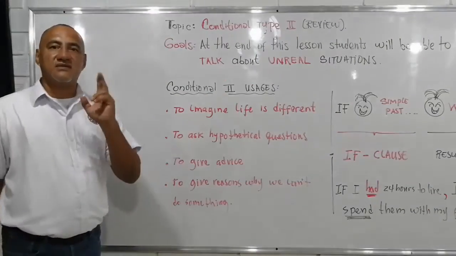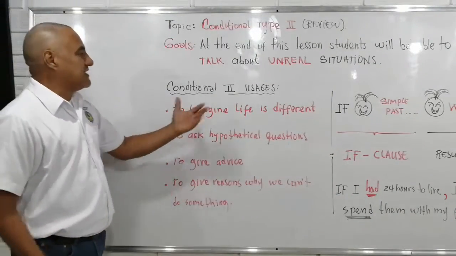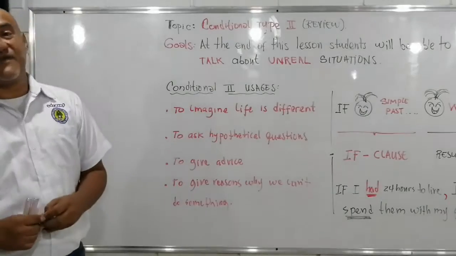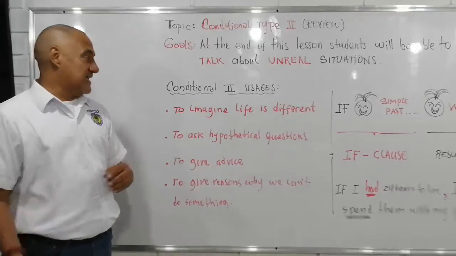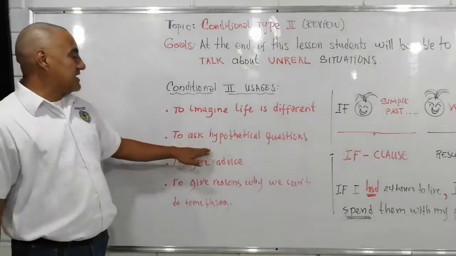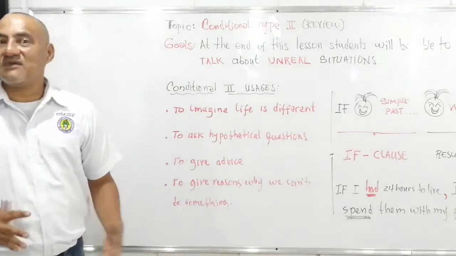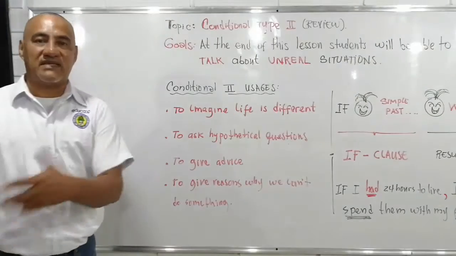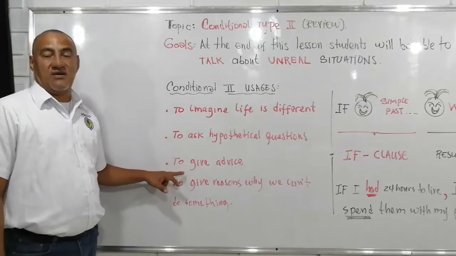Conditional number 2 usage. It is used to talk or to imagine that life is different, that someone else's life is totally different. Just to think of that, to dream about that. It is also used to ask hypothetical questions. What would happen if? Would you do this if this happened? Etc. To give advice, aconsejar.